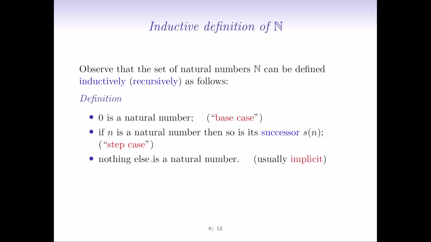Also, although we usually don't bother to say this when making an inductive definition, nothing else is a natural number other than those given by the two above rules. So 0 is a number, and for any number, its successor is a number, so the successor of 0, which is 1, is a number, and the successor of that is a number as well, and so on and so forth, but nothing else is a natural number.